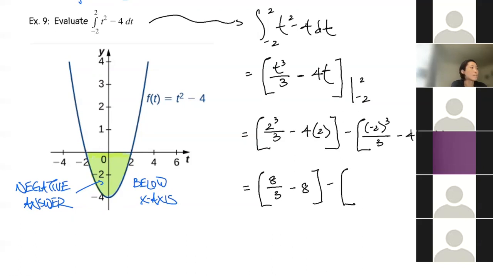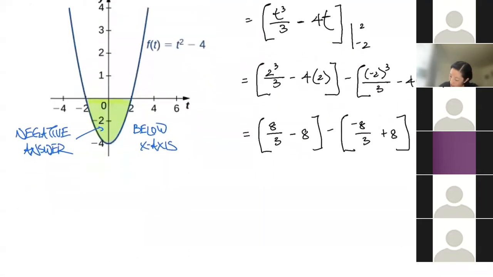What does that give us? -8, I love it. -8/3. And then what about that last term here? -4 times -2 is going to give us a +8. Good, good, good. Okay. All right.